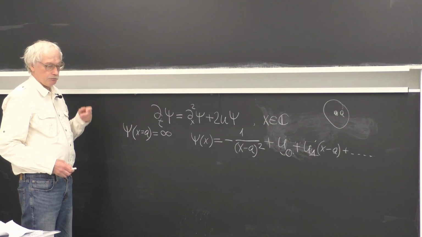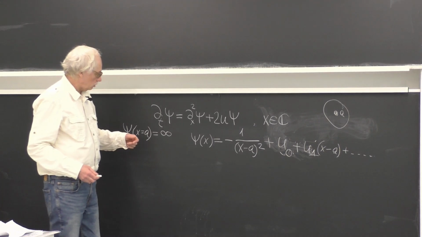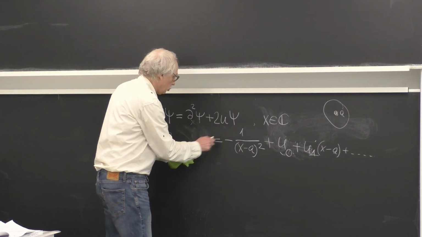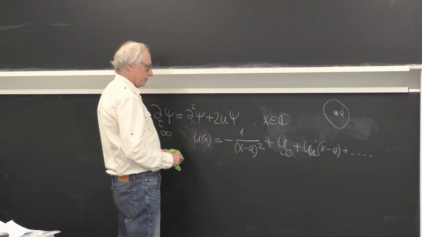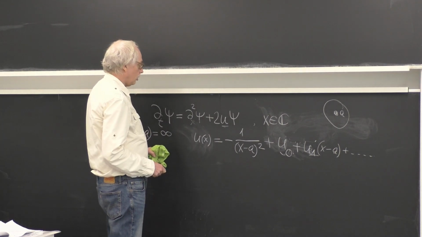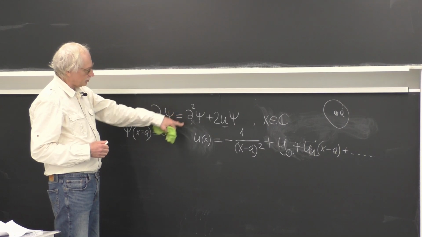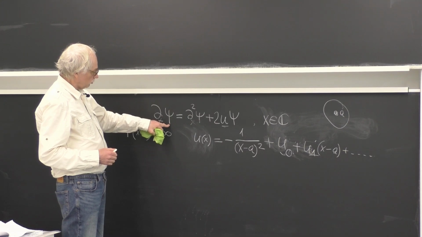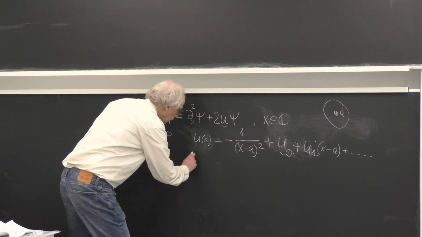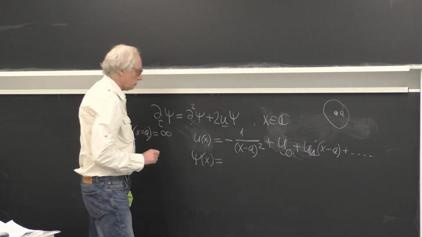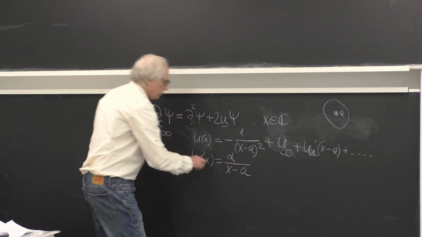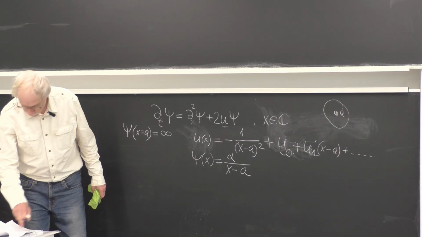And what we are going to do is just, this is expansion of u. I was wrong. It's not an expansion of psi. It is expansion of this function u. And to solve this equation, we should choose the form of psi such that it is consistent with this form of u. And simple arguments imply that the general form of the psi function with this u is of the following form.